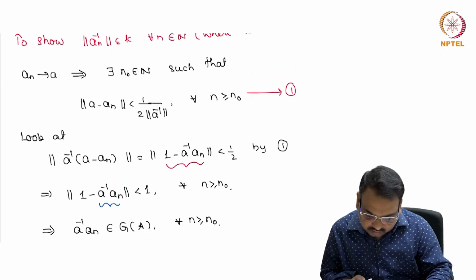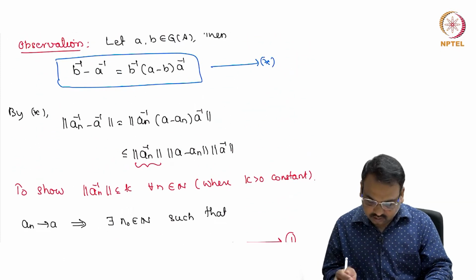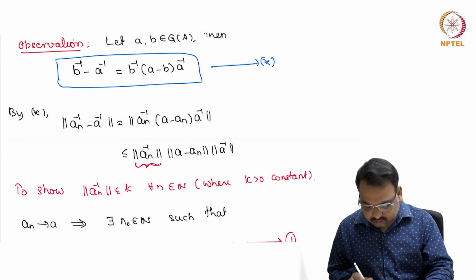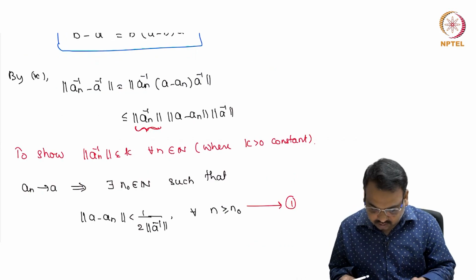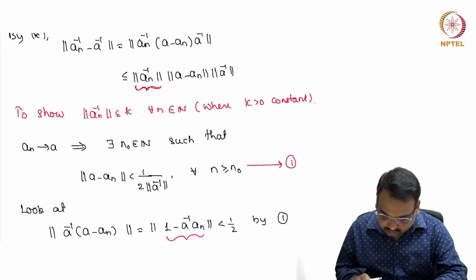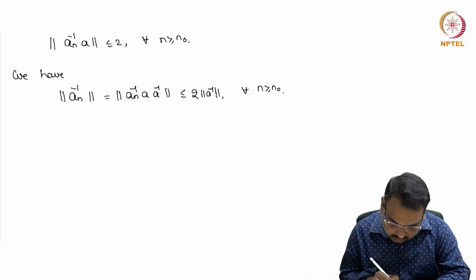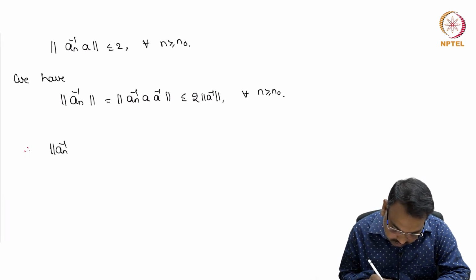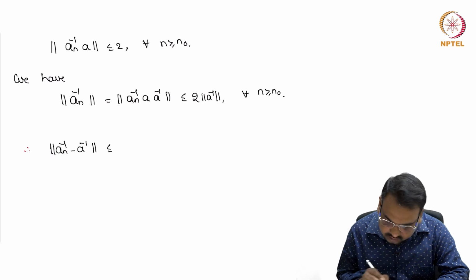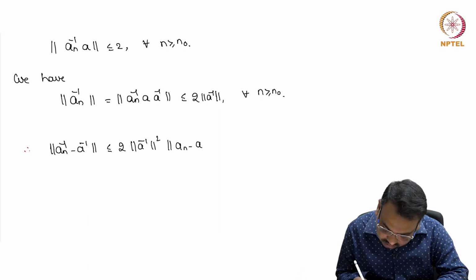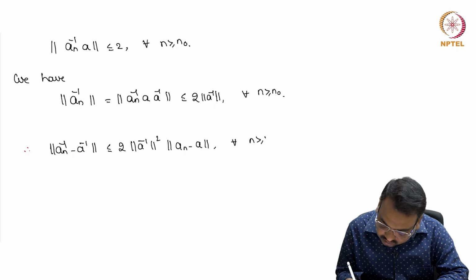So we can say that after some stage this norm A_n inverse is bounded by some constant. So on the whole we can say that, therefore, norm of A_n inverse minus A inverse is less than or equal to 2 times norm A inverse square multiplied by norm of A_n minus A for all n bigger than or equal to n naught.